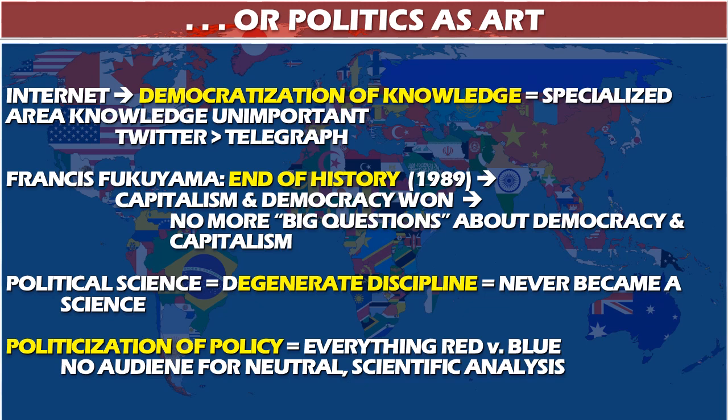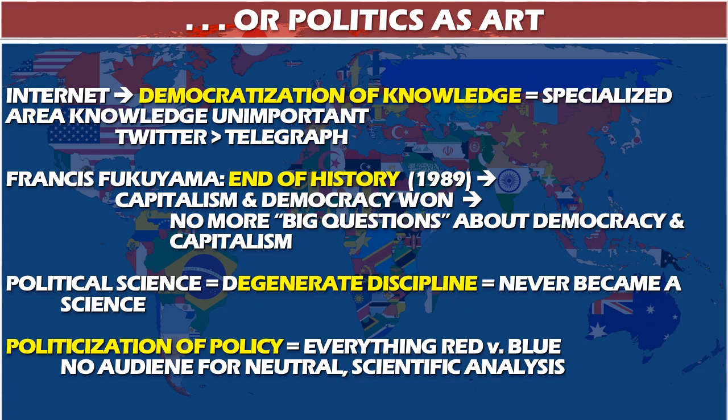In 1989, capitalism and democracy beat communism and authoritarian governments, and therefore these questions are settled, or at least they're not interesting questions anymore. So we're not really interested in the fate of democracy and the future of capitalism because we know how the story ends. Democracy and capitalism win, socialism and authoritarianism lose, and therefore we've kind of reached the end for these modern sociology questions.